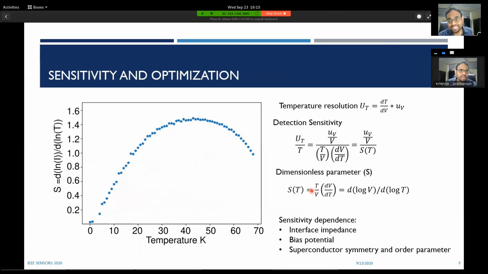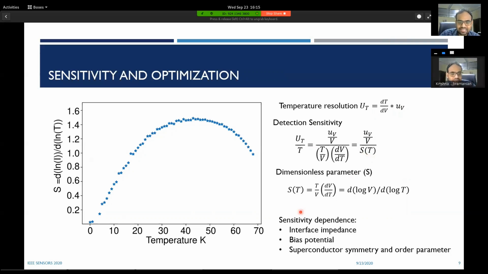We calculated the sensitivity. The minimum temperature that you can resolve is basically the voltage resolution of your meter times the actual slope of dV by dT, right? And the sensitivity can be calculated irrespective of the resolution of your voltmeter, right? So we can always change that. But then the intrinsic sensitivity of the sensor depends upon this S_T, which is purely a material parameter, right?